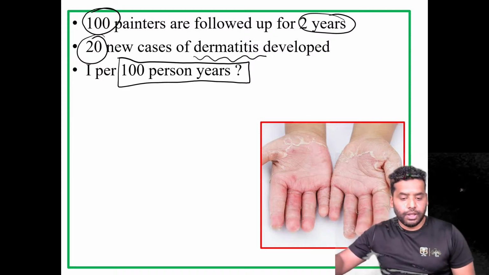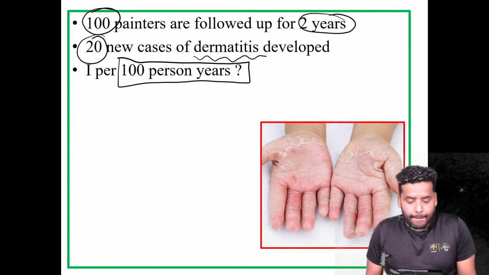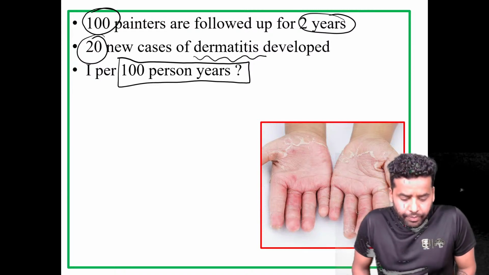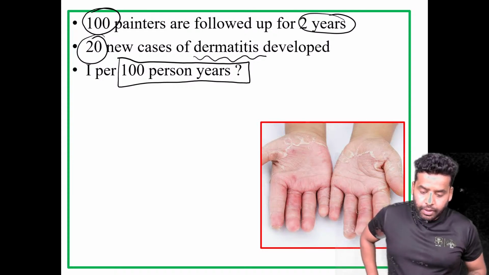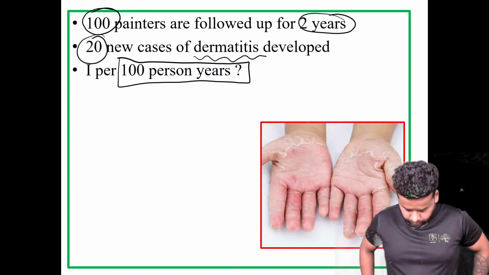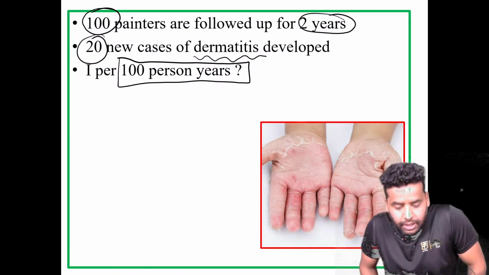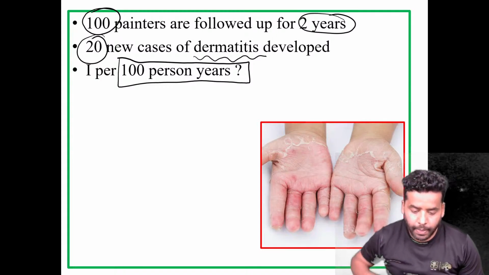First copy the question, then I will tell how to calculate. Some students may be able to do this already, but I will be telling how to do it. First copy the question.